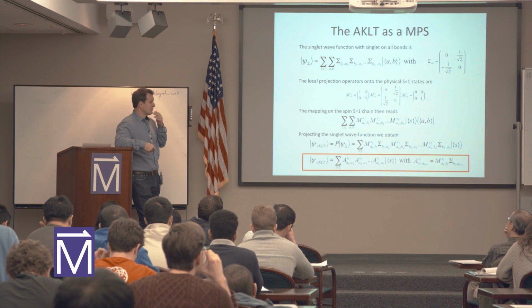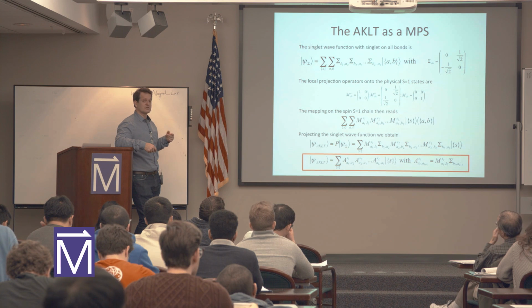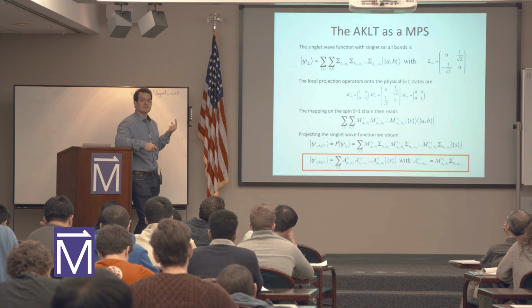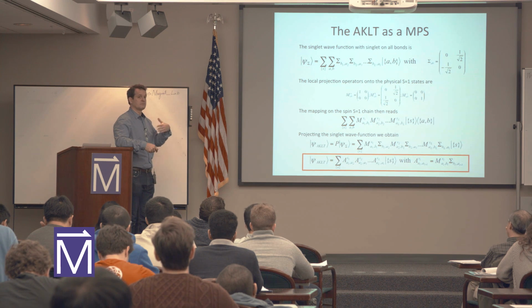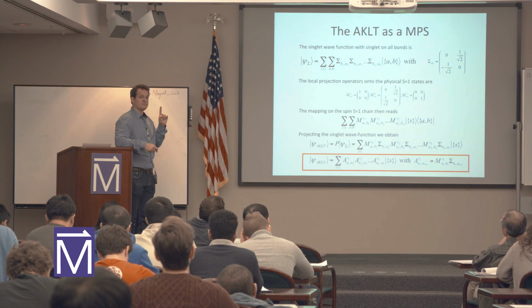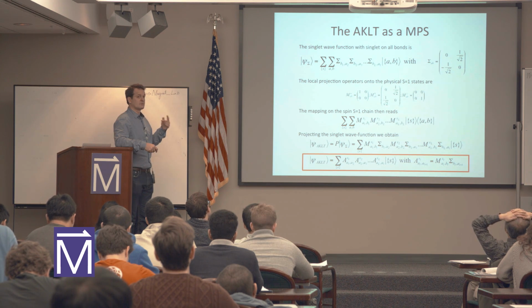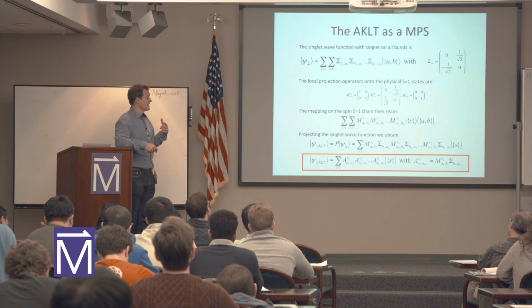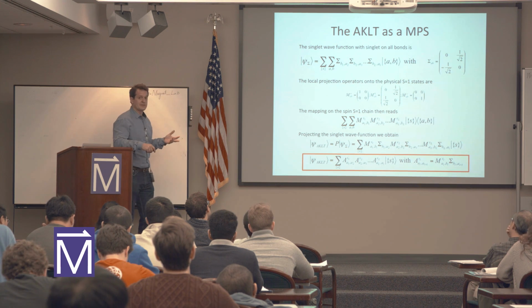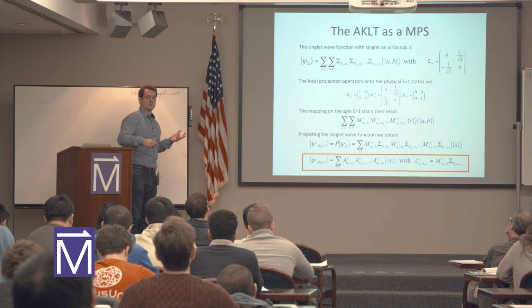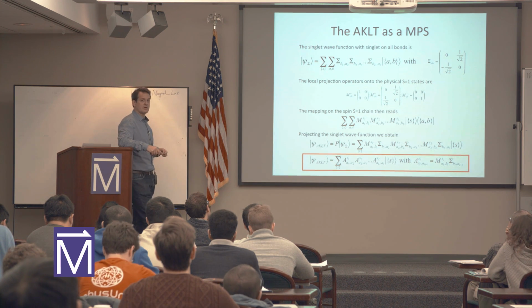But translational invariance also tells you that there's only one matrix, because all the matrices should be the same. There's no preferred position along the chain, so you only have to optimize a single matrix. And this allows you to formulate an efficient optimization for translationally invariant states in the thermodynamic limit. It's called iDMRG, and there's also iTEBD that does pretty much something equivalent.